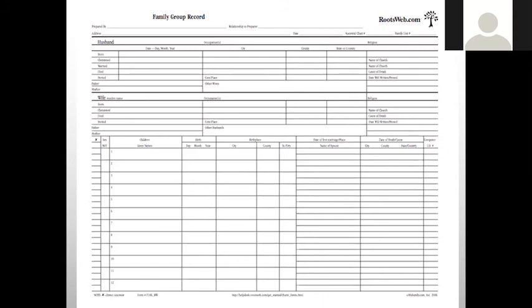You're going to want a family group record for each family group. So if someone married more than once, if there was a second husband or a second wife, and they had children, you want to record them on a completely separate sheet because they are a different family group.